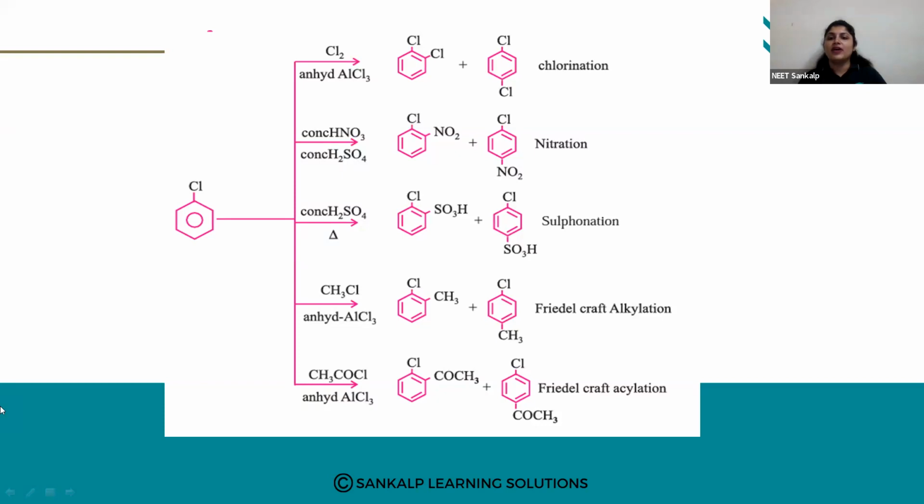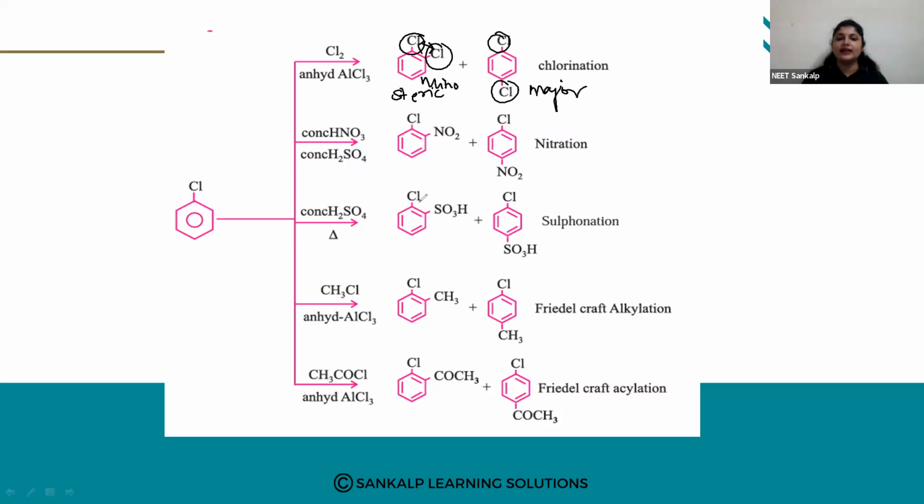Why? You can see the arrangement of the atoms. Here the atoms are nearer to each other, right? Because of the steric hindrance, it will be a minor product. And here both the atoms are far away. Because of that, it will show a major product.